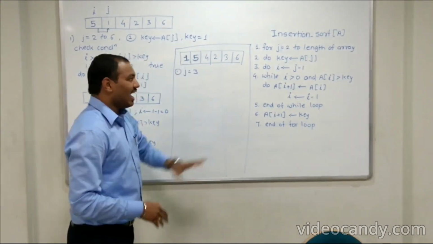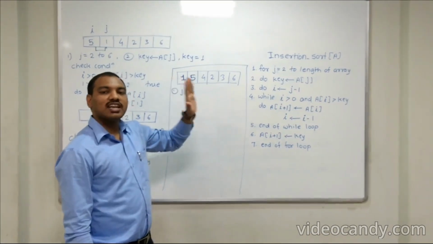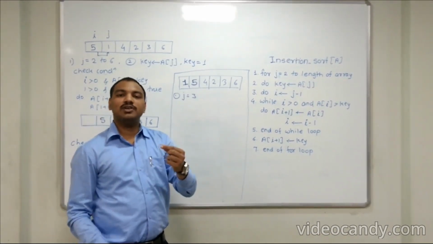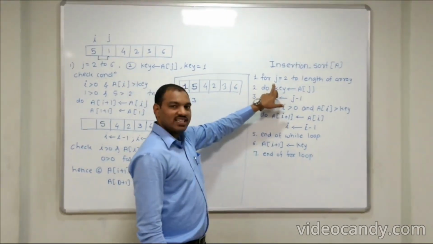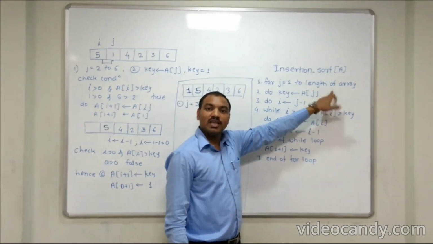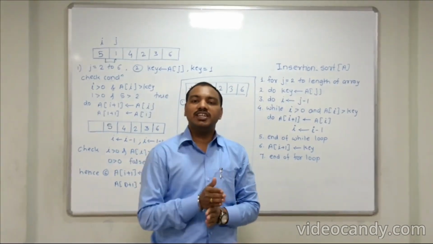Now, as the algorithm suggests, what do we have to do? We have to start the comparison from the second element. Why? Because we require the first element to compare with the second one. That's why the algorithm says start from the second position up to the length of the array. Then we have to compare the element with its immediate neighbor.